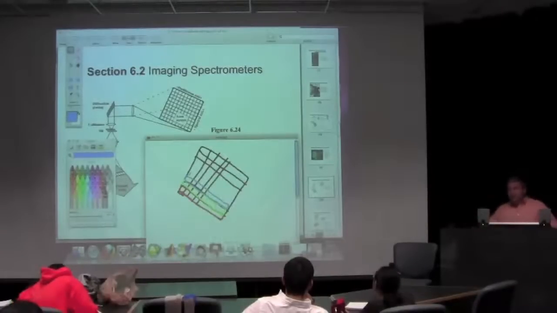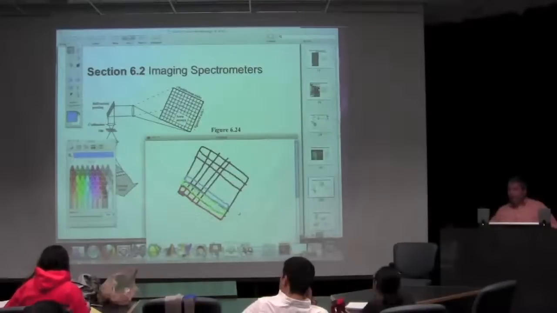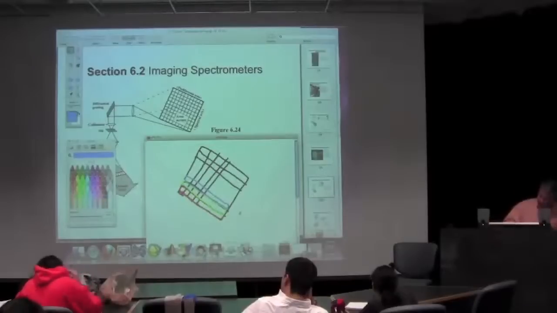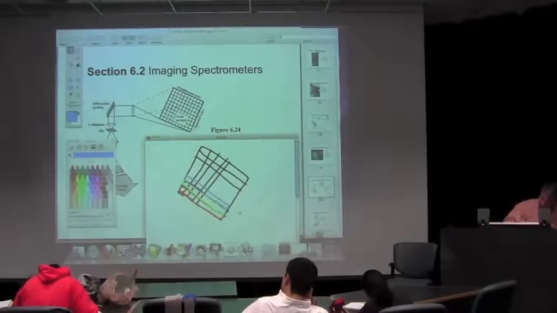So one dimension of this two-dimensional array is going to be collecting spatial data within a band. The other dimension is going to be collecting multiple instances of that spatial information, but in different wavelengths. Because I'm going to have a spectrum of data that goes in this direction from, let's say, lambda 1 to lambda n.